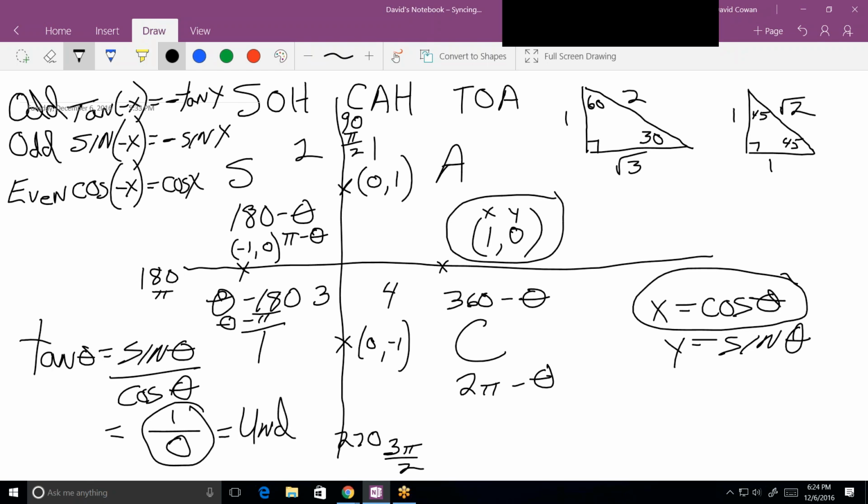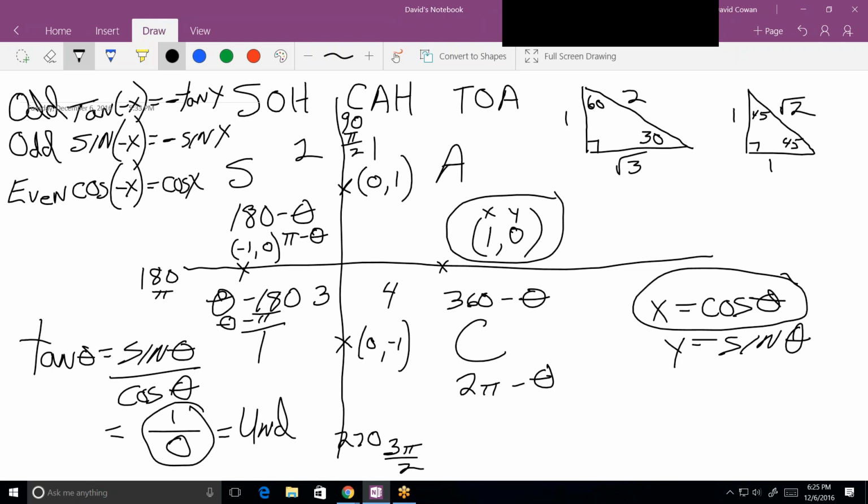So there's a lot of trig functions that are going to have undefined. You're going to be dividing by 0. Notice that since your other 3 trig functions are reciprocals of the main 3, whenever any of the main 3 are equal to 0, the reciprocal is going to be undefined because you're going to be dividing by 0.